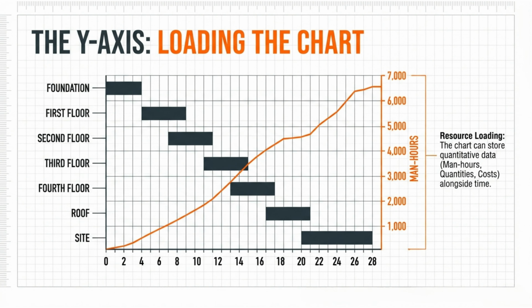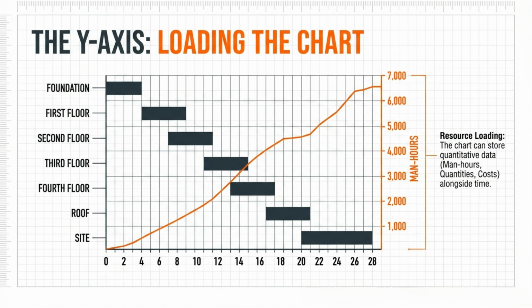The bars show the schedule for each floor level from foundation through to the site clearance. But overlaid on top, an S-curve tracking cumulative man-hours. The right-hand y-axis tells you, at any point in time, how many total man-hours have been consumed. By the time you reach the end of the project, you've spent approximately 6,800 man-hours.